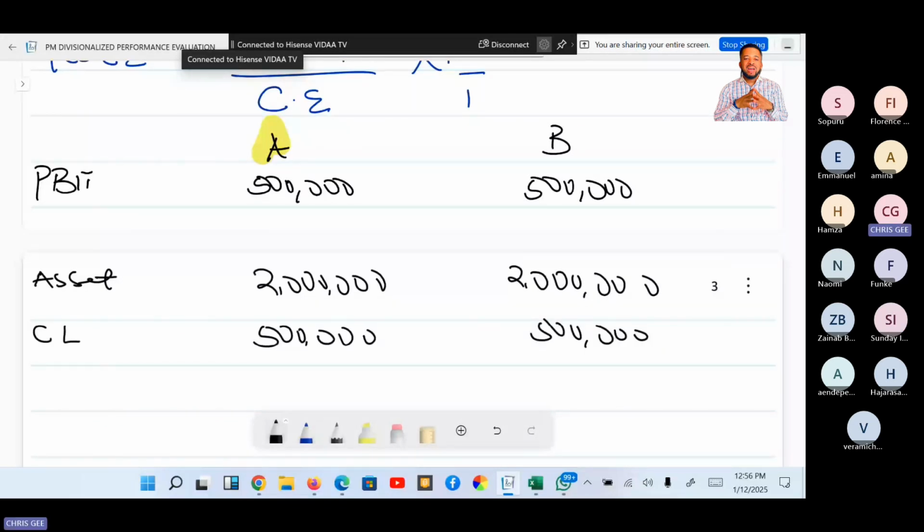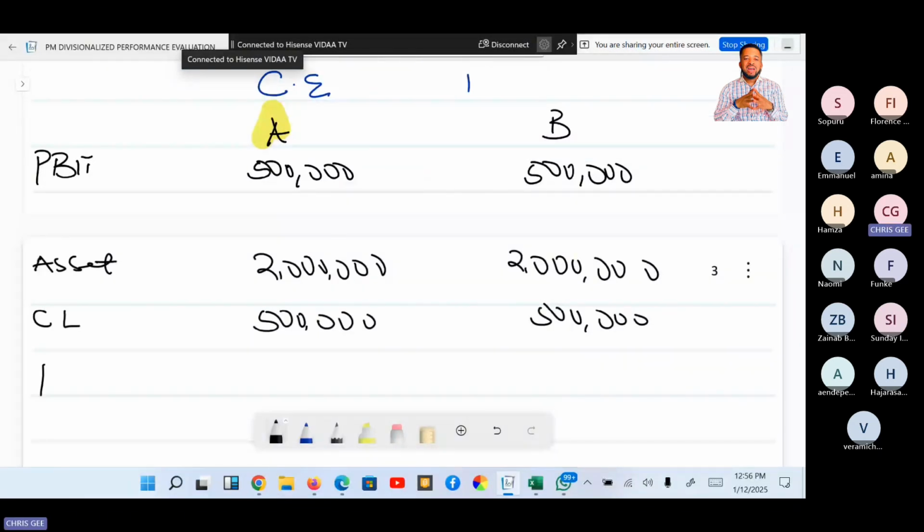What is RoCE for company A? No hiding place. Figure. No window dressing, no padding. Figure.